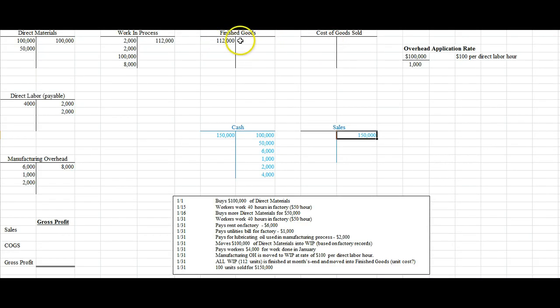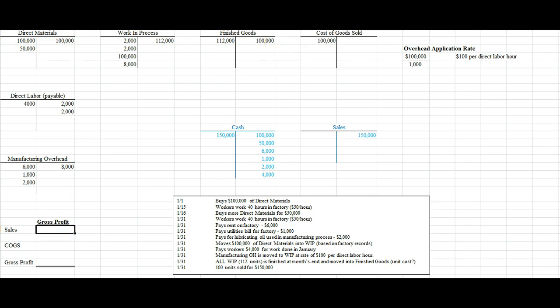Well, if it costs us $112,000 to make 112 tables, that's $1,000 a table. So let's take, since we sold 100 of these things, let's take $100,000 out of finished goods and move it into cost of goods sold. So we take all our costs from the left-hand side T accounts and move them across to the right-hand side.